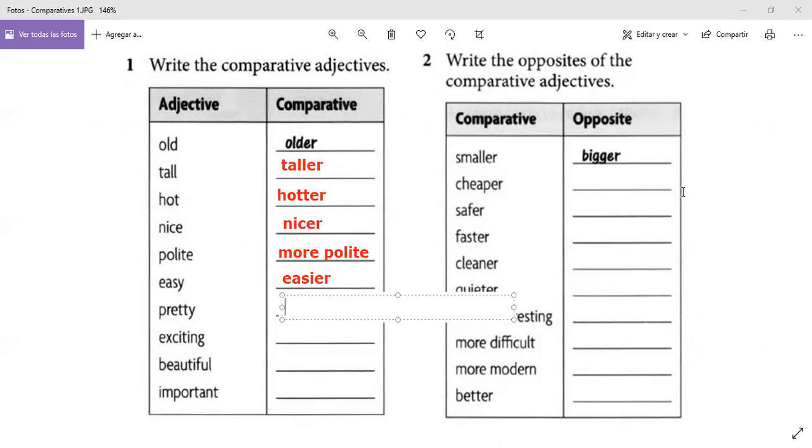Why prettier? Because in this case, this adjective ends with letter Y. And what happens when an adjective ends with letter Y? We drop letter Y and we add IER. So in this case it is prettier.